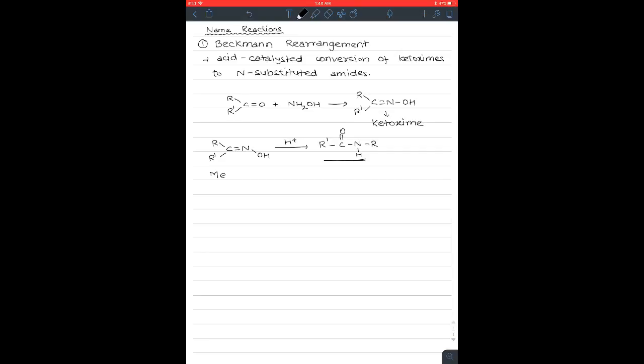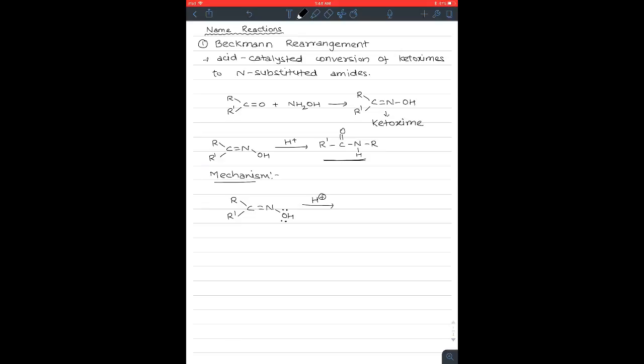Let's try to understand the mechanism of this reaction first. Initially we were having RC R dash double bond N and OH, and it is treated with H+. What we know is that oxygen, because of its lone pair, is an electron rich species, and the H+ is an electron deficient species.